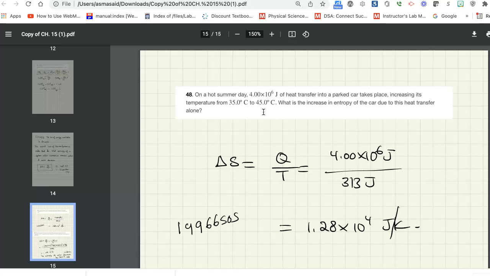And here there is a mistake. That should be in kelvins. The heat is 4 × 10^6 joules, and this is divided by 313 Kelvin. And the answer is going to be 1.28 × 10^4 joules per Kelvin.